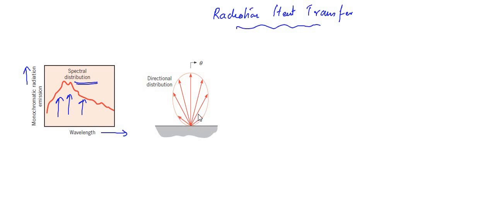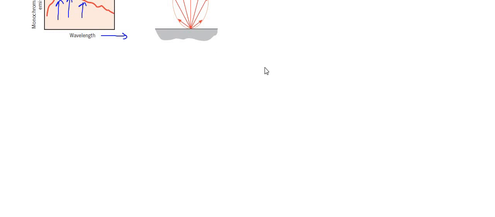The first one, which depends on the wavelength, is called the spectral distribution, and the second one is called the directional distribution. So these are the two features of thermal radiation. Having said that, the physical nature is already explained.